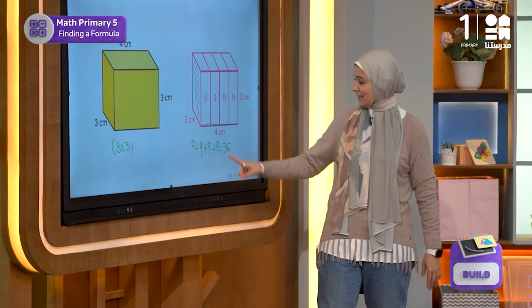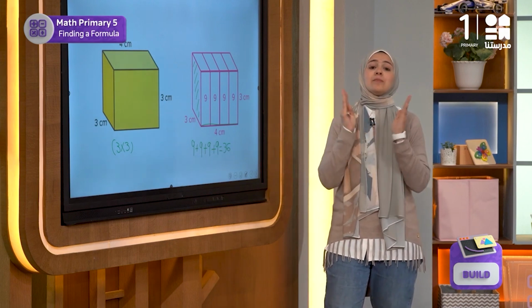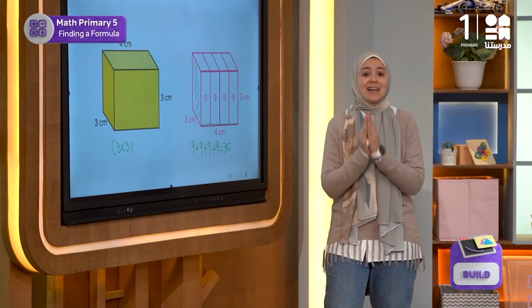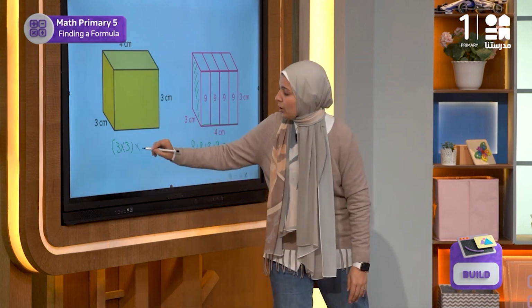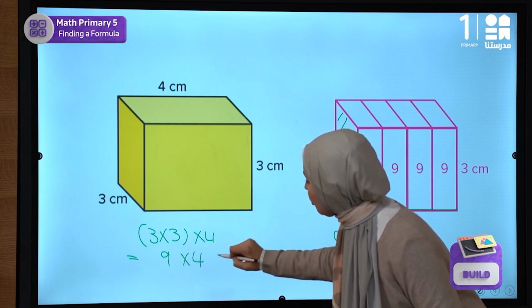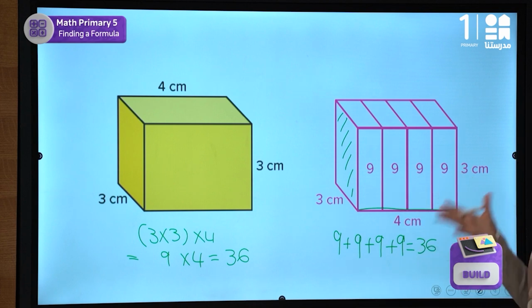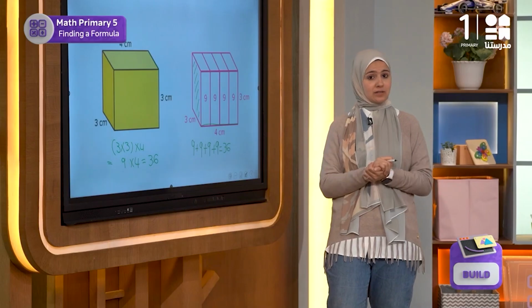So instead of adding it 4 times like that, we're going to multiply it by 4, which is the length. So I'm going to multiply it by 4. So now I will have 9 times 4, which is 36. And what is the unit? Cubes. Now, it is the same volume that we have already calculated.